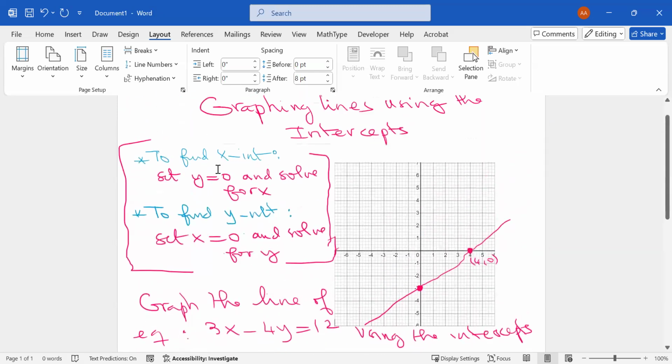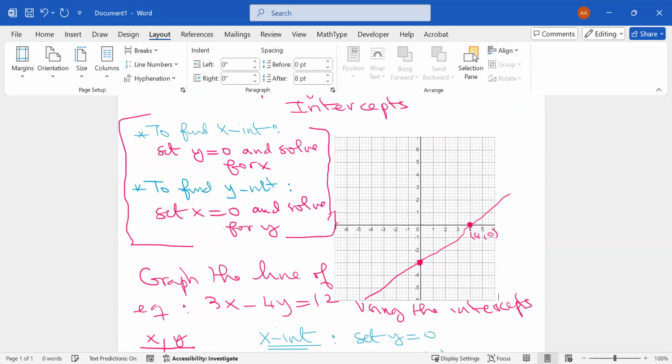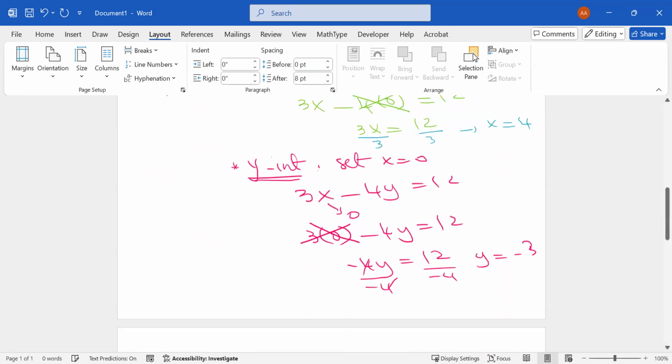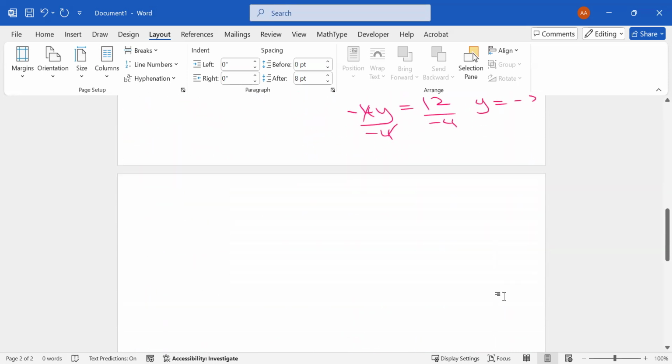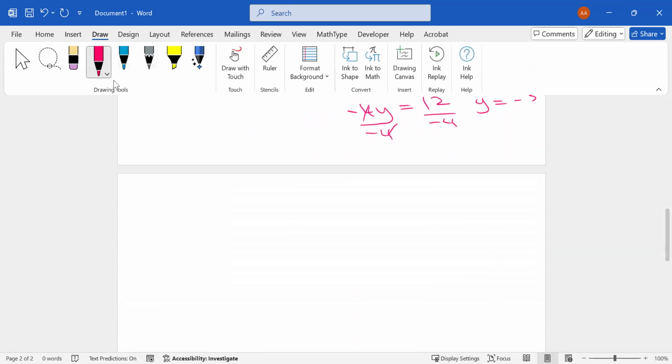So this is one type of equation. What if the equation is a little different in form? Let's see how it's going to look. Graph the line of equation y equal 2x minus 5.